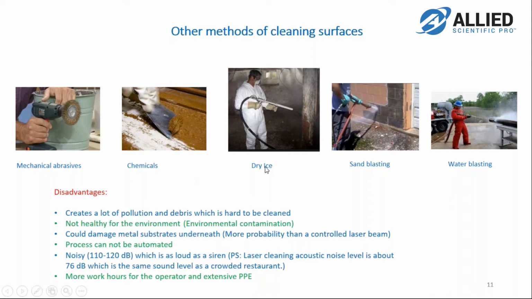And you have methods such as dry ice, sandblasting, and water blasting, where you shoot a particular material from a high pressure nozzle and the impact removes the coating. In the case of dry ice, it's CO2 pellets that evaporate, and sandblasting is quite popular. It shoots grit and sand, and water blasting uses high pressure water.